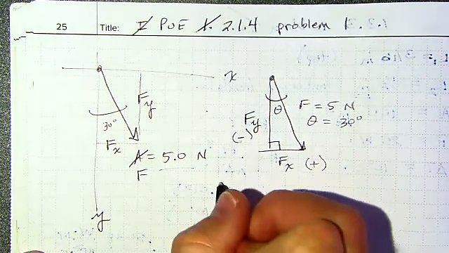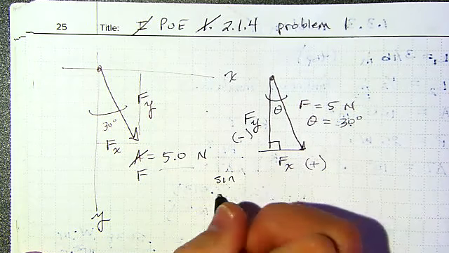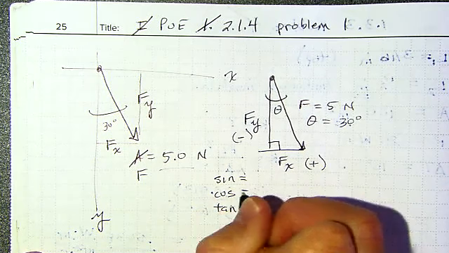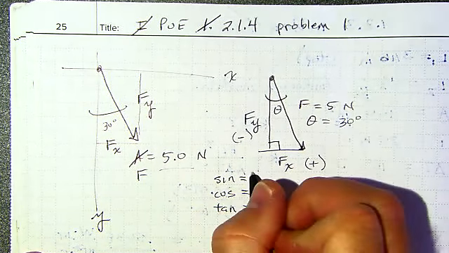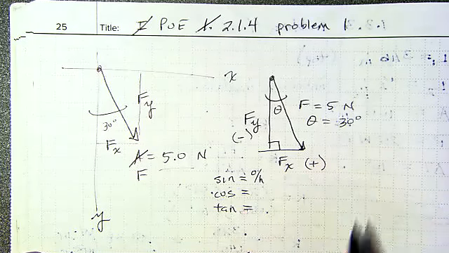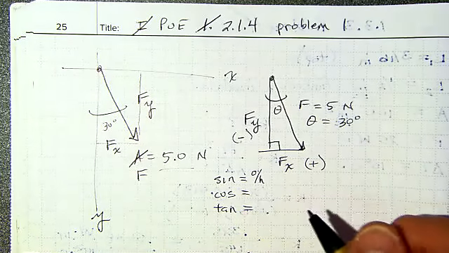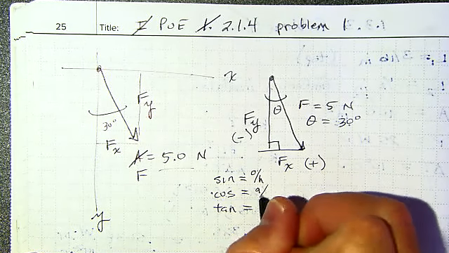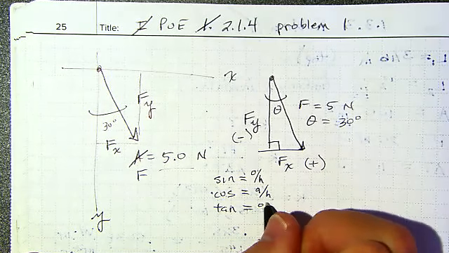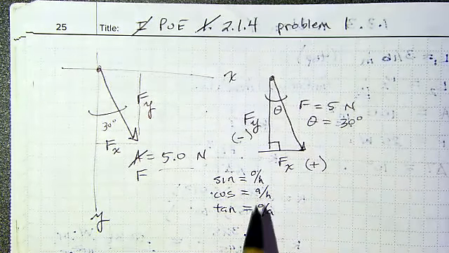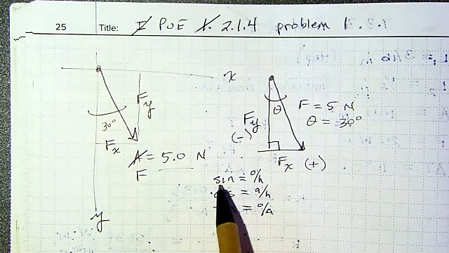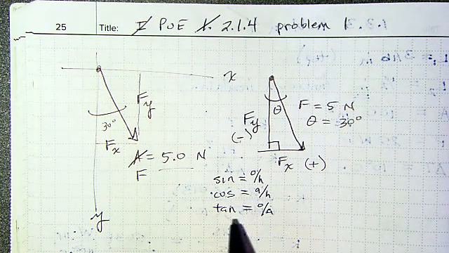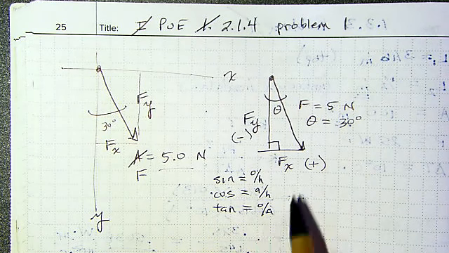SOHCAHTOA, which is sine, cosine, and tangent. S-O-H, C-A-H, T-O-A.